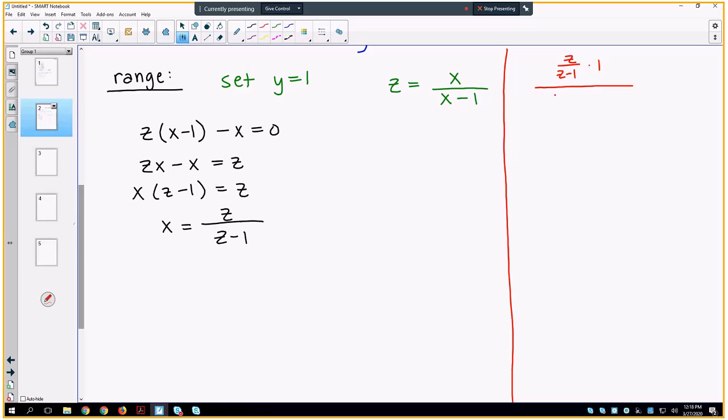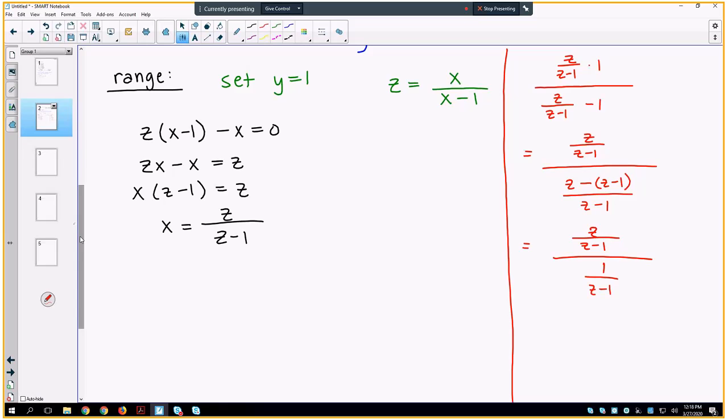Then I'm going to divide all of that by z over z minus 1 minus 1. So that's x minus y. And simplify. I get on the top still z over z minus 1. And on the bottom, finding the common denominator, I get z minus 1 over z minus 1. And of course, the bottom then simplifies to just 1 over z minus 1. And that's z over 1, which is z.